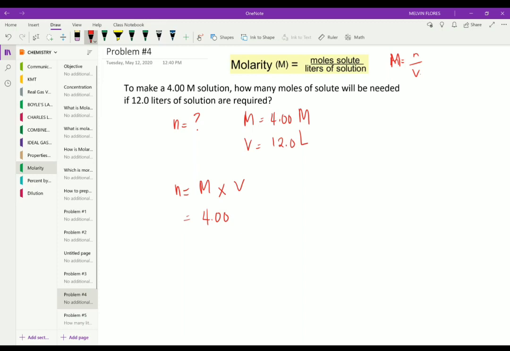To facilitate the cancellation of units, put what is meant by molarity, which is mole per liter of solution, times the volume, which is 12.0 liter. So you can cancel liter, and your unit will be mole.